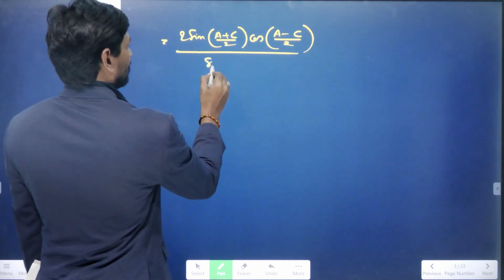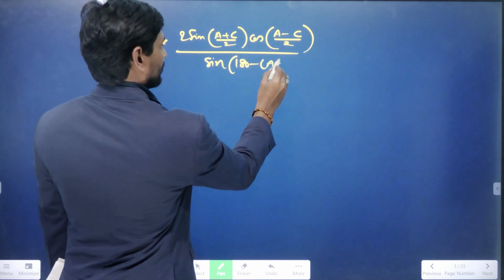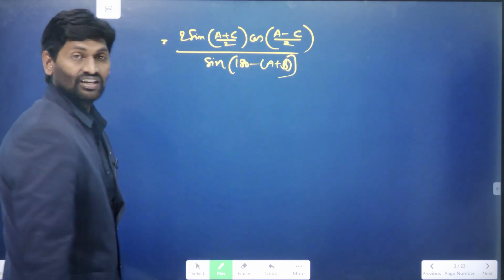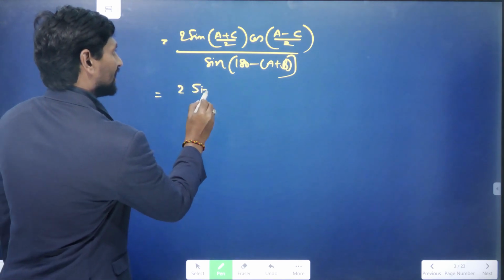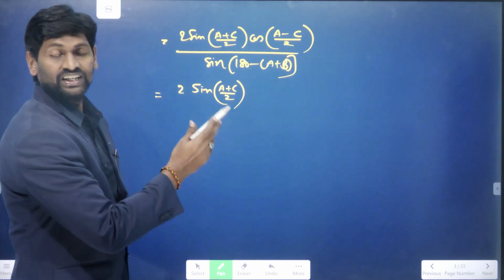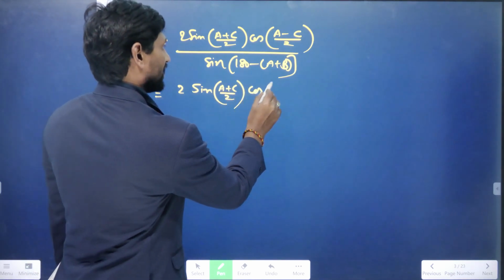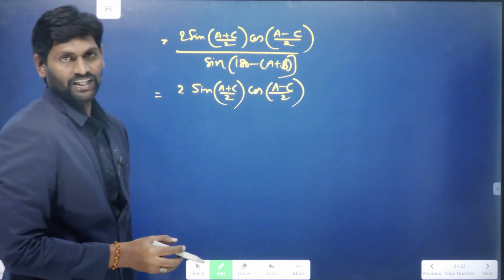Sin B we can write as sin of 180 minus (A plus C). Now 180 minus, second quadrant, sin value is positive. Whenever it is 180 degrees, the sin ratio according to the sin only, it won't change. So it is nothing but sin (A plus C).